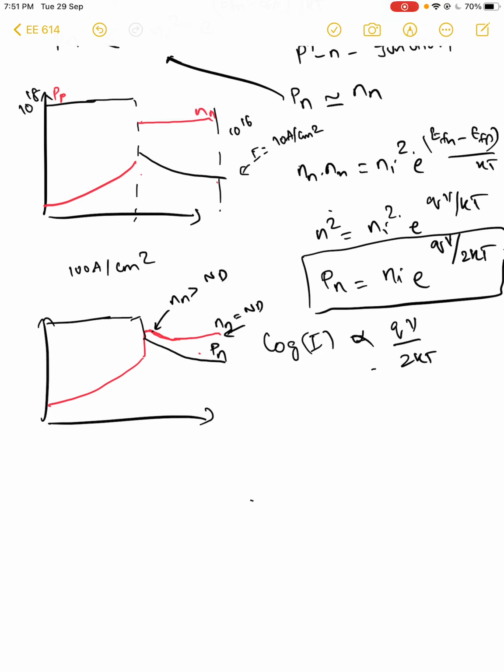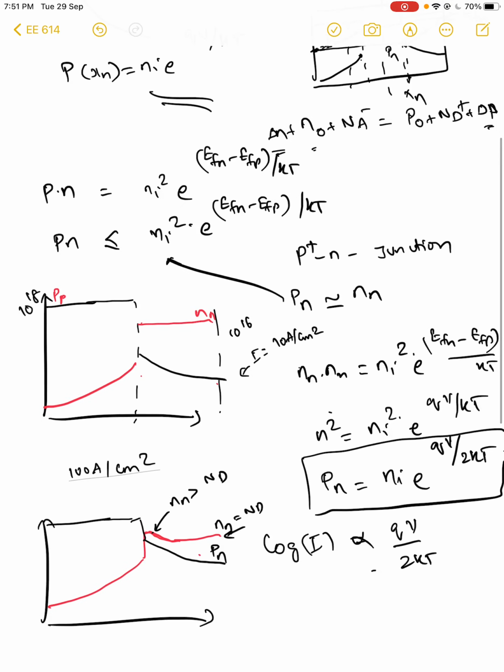Why this happens is because of the charge neutrality condition, right? So from this equation you can see if del P increases, the carrier density del N should compensate with the same increment to give you charge neutrality everywhere, right?